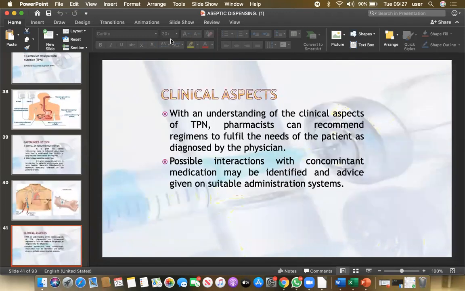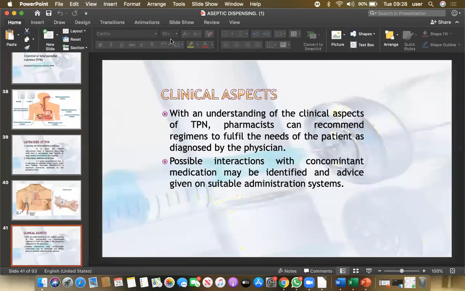Now, its clinical aspects. With an understanding of the clinical aspects of TPN, pharmacists can recommend regimens to fulfill the needs of the patient as diagnosed by the physicians. Possible interactions with concomitant medication may be identified and advice given on a suitable administration system.